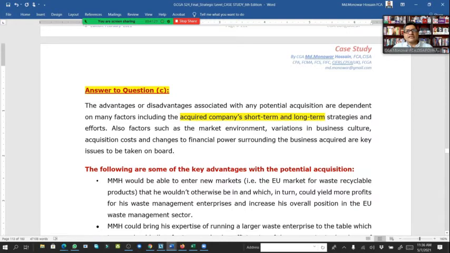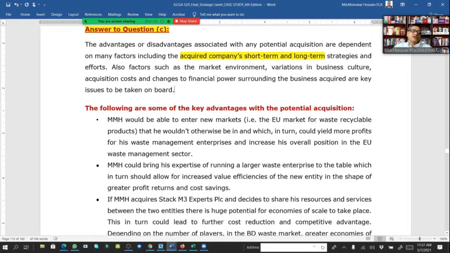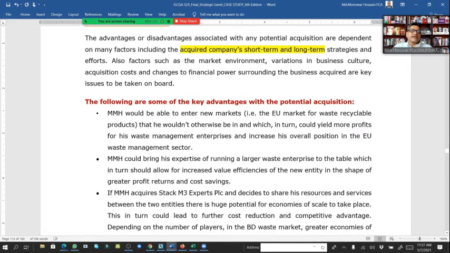Also factors such as the market environment, variation of business culture, acquisition cost, and change of financial power surrounding the business acquired are key issues for the board to take on board. So the board will decide; the following are some of the advantages of the potential acquisition.